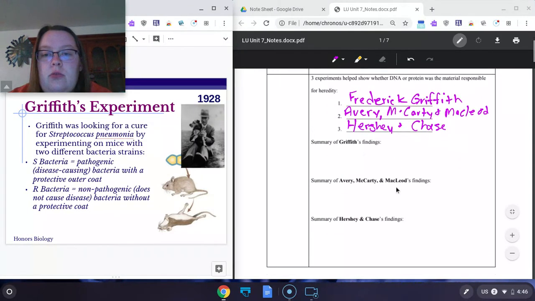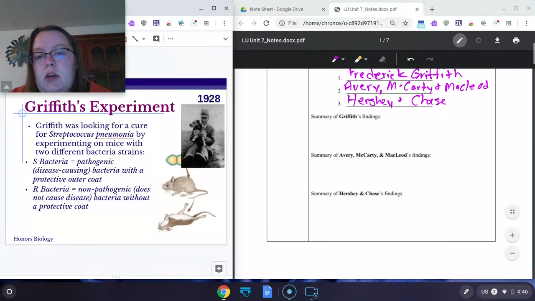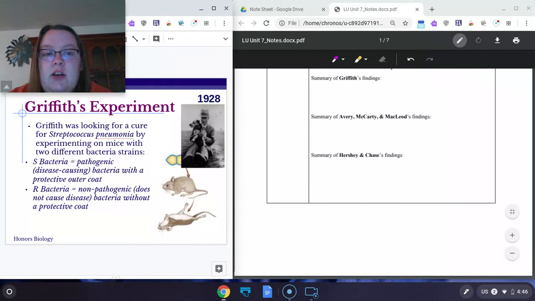First we're going to go through Griffith's experiment. Fun fact, Griffith was not actually looking to find what the genetic material was. He was looking for something else, and he kind of stumbled onto his findings and questions about DNA.